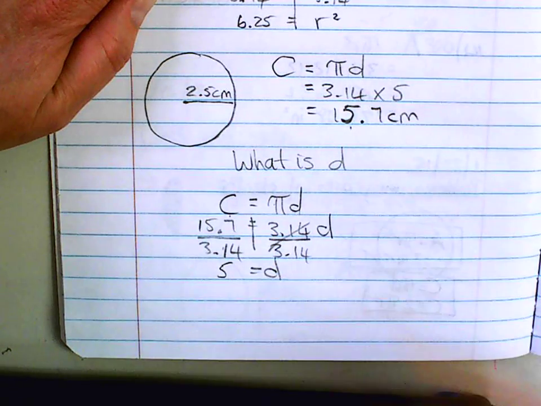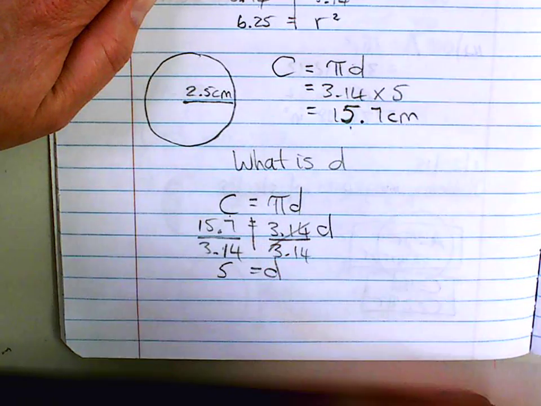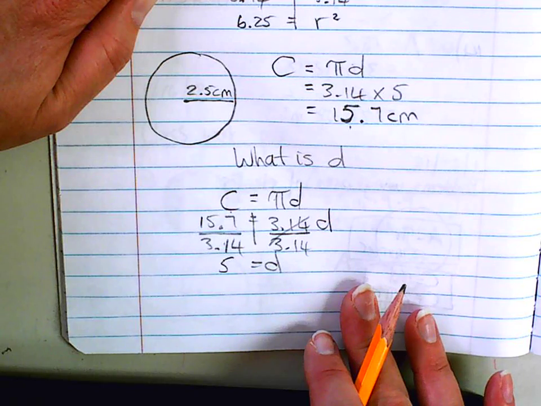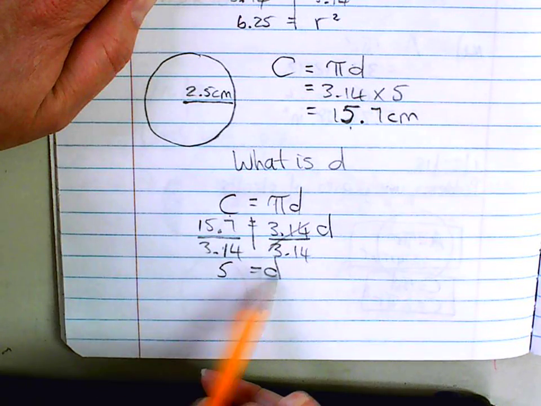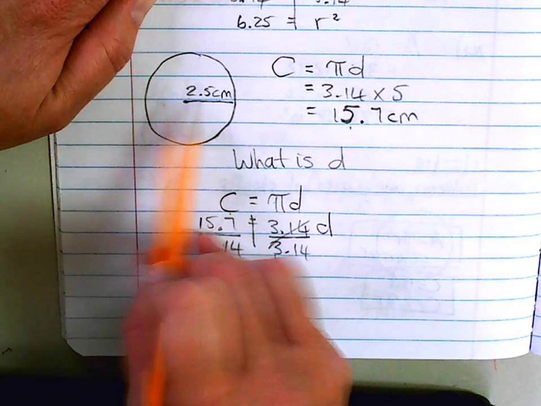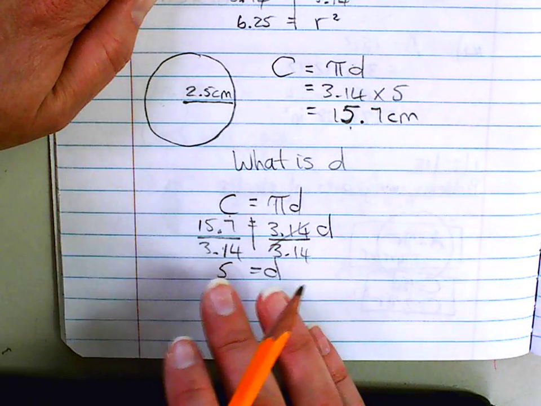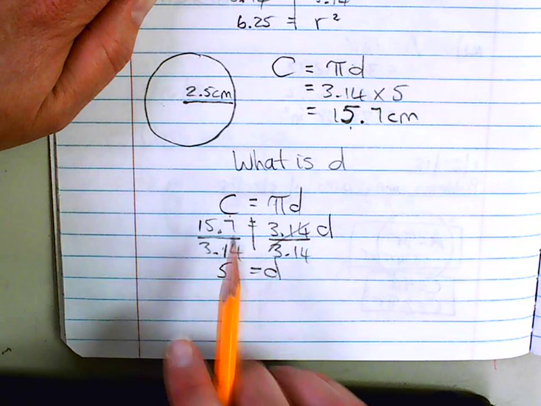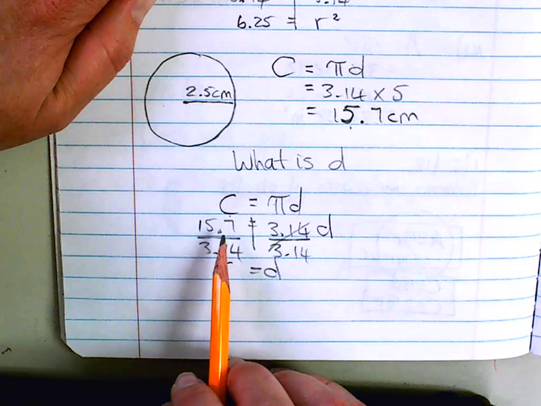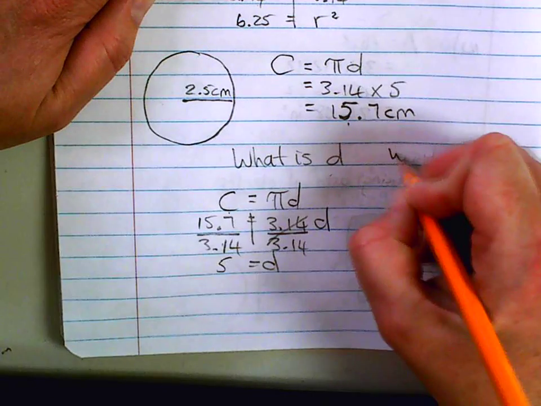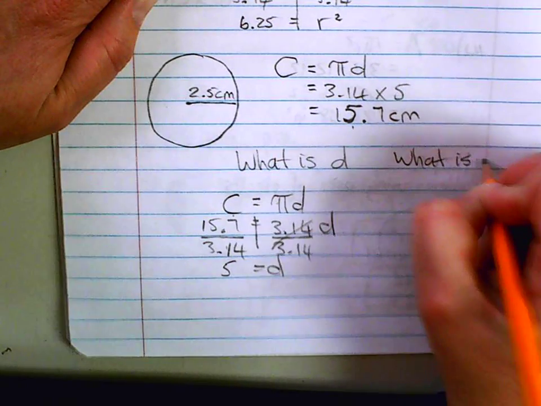Okay, what did I do? I just used the circumference formula and I plugged in everything that I had. Is the diameter 5? Yeah, because twice the radius would be 5. Now watch this. Is it possible that they can ask me also for the radius? What is r?